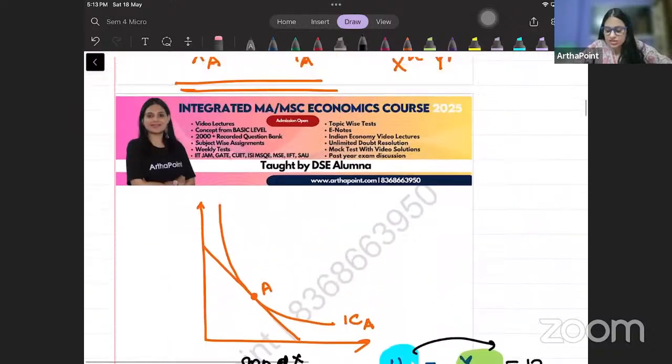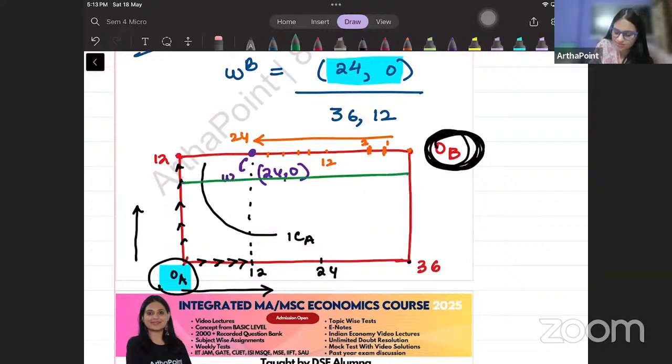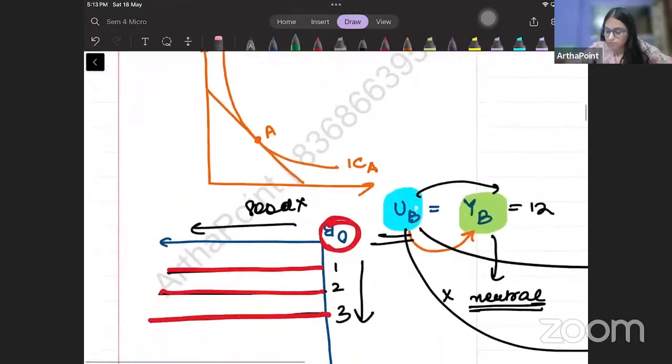Am I clear with this? So indifference curve of individual A is this. And indifference curve of individual B is this. तो क्योंकि B को यूटिलिटी सिर्फ Y से मिलती है, पहले B की तरफ देखते हैं. Let's try to look for B.